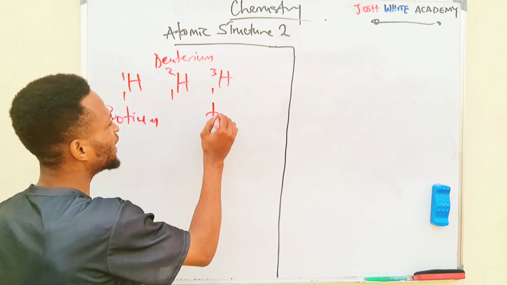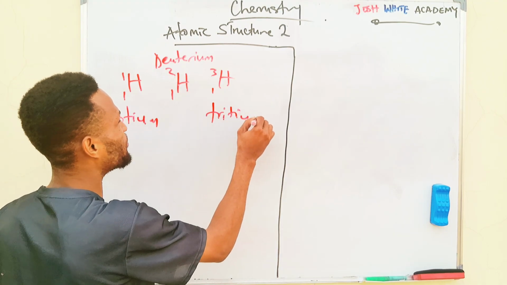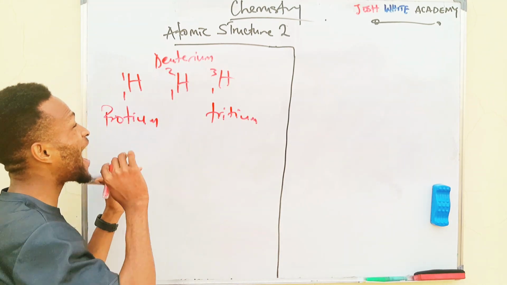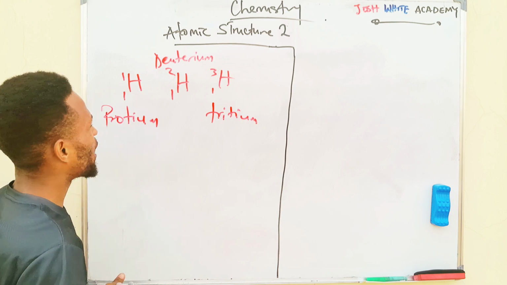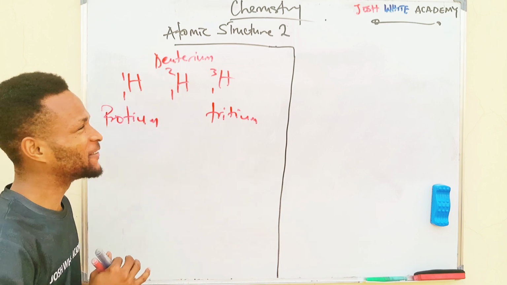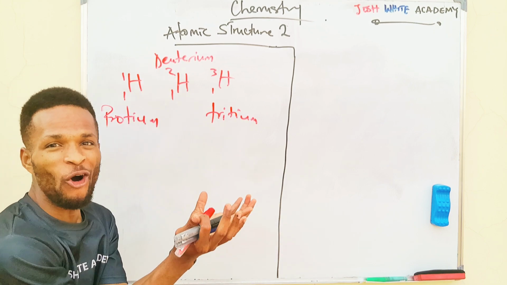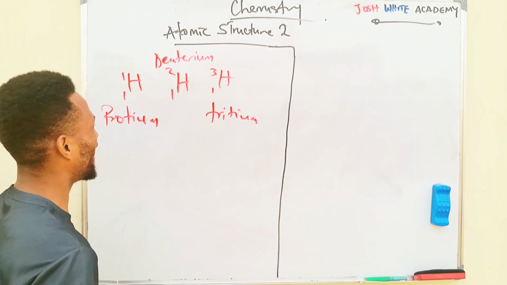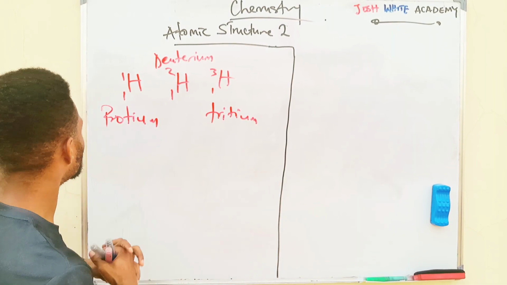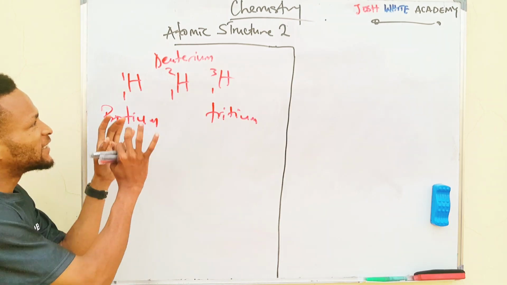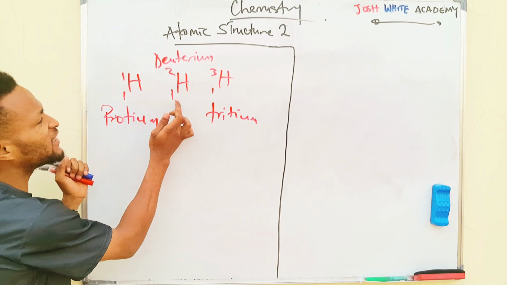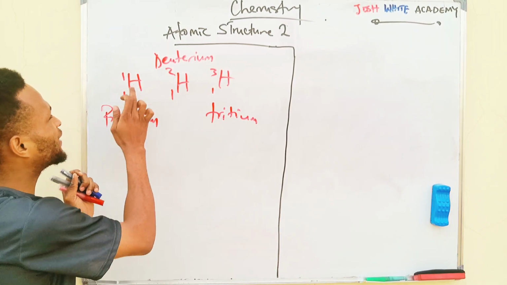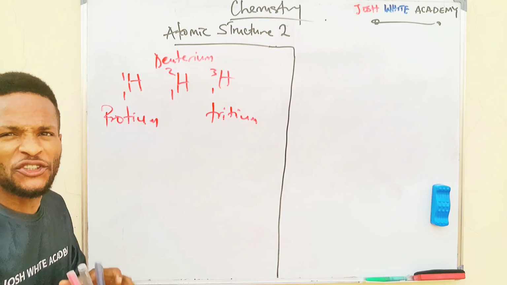We call this tritium. Both of these are radioactive. They are the secret behind the power of the sun, yes, through nuclear fusion. So, if you notice, they all have the same atomic number 1, but their masses differ.